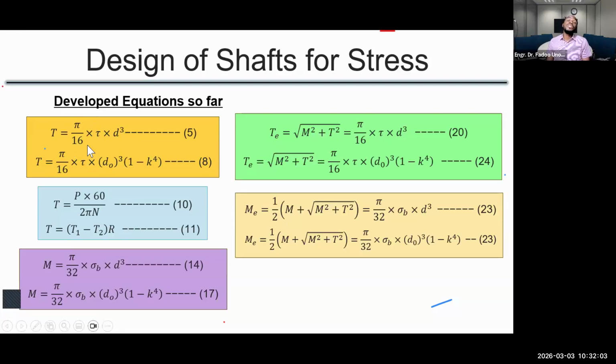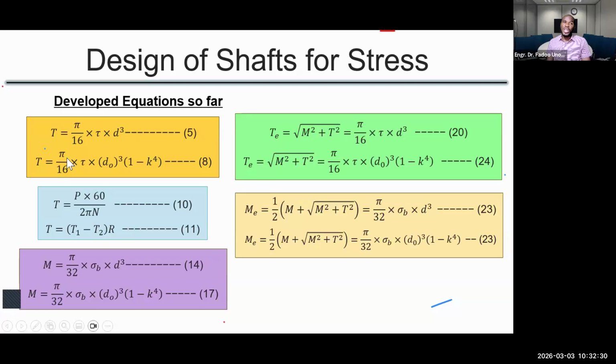when you have only torsional moments, you assume there is no bending moment. Then the equation you use says that the torque transmitted in the shaft equals pi over 16 times the maximum allowable shear stress in that material times the diameter of the shaft raised to power 3.